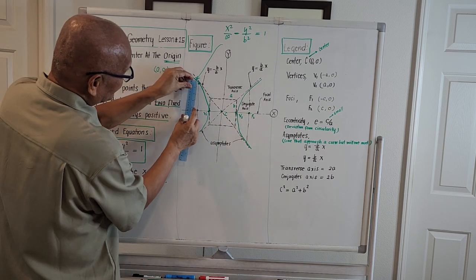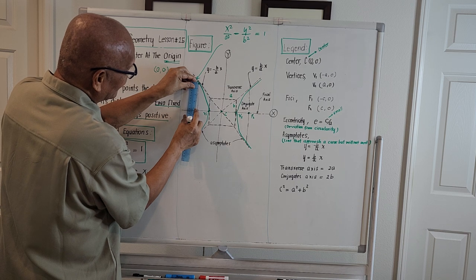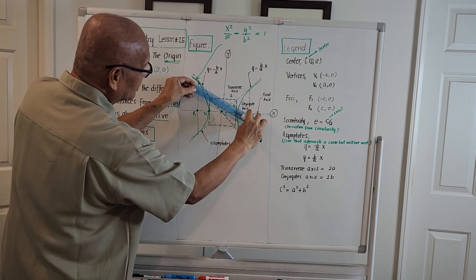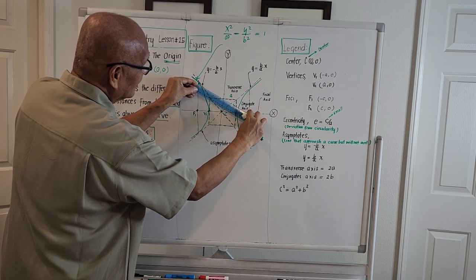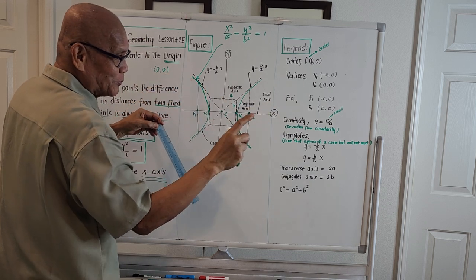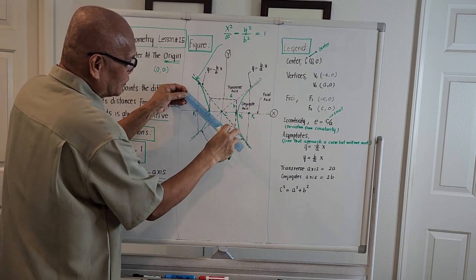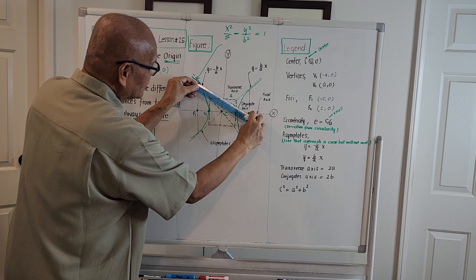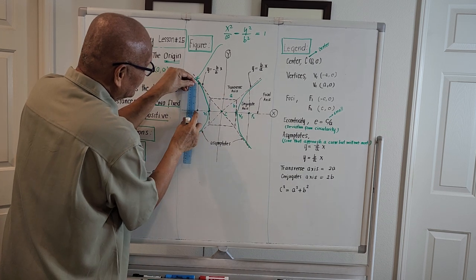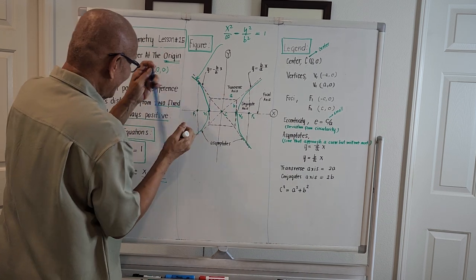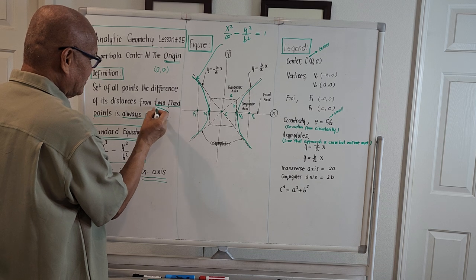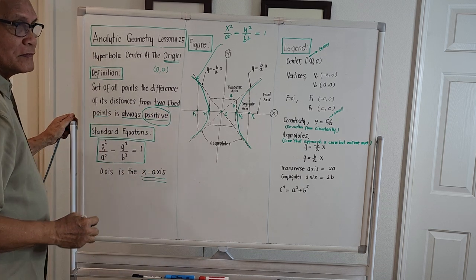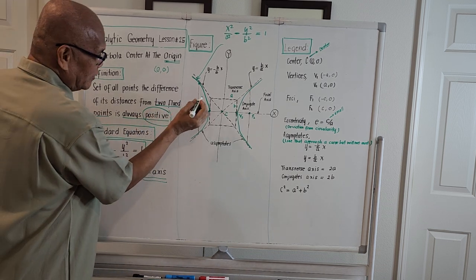This is the first distance, and this is the second distance. If we subtract this distance minus this, what comes out will always be positive.